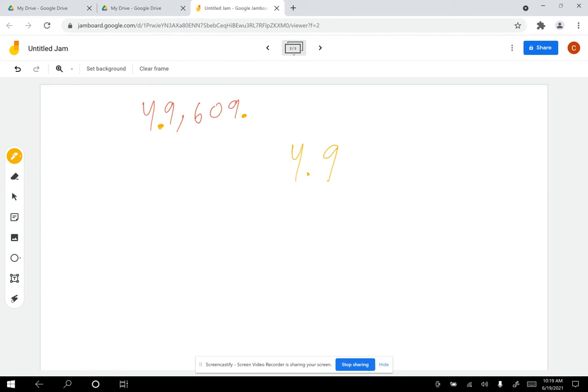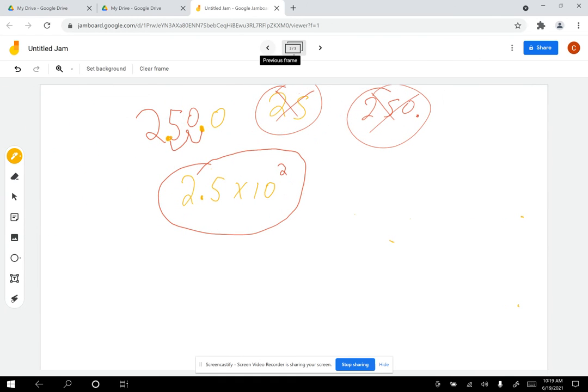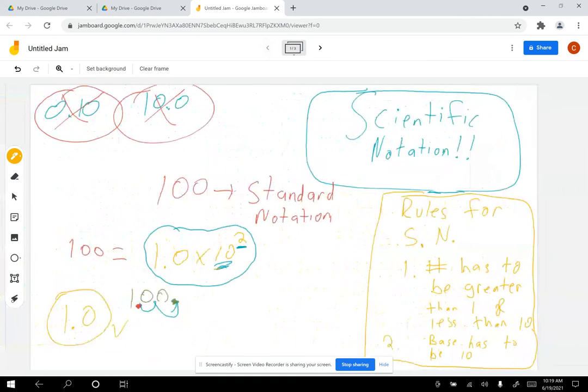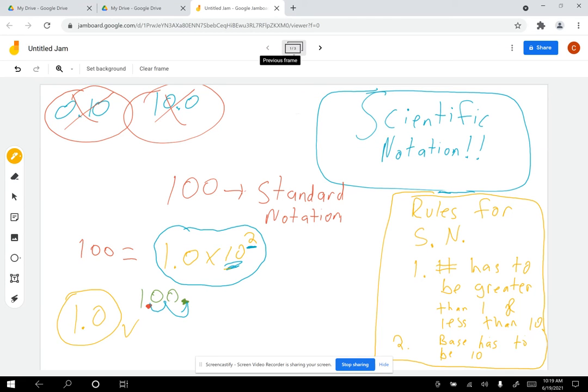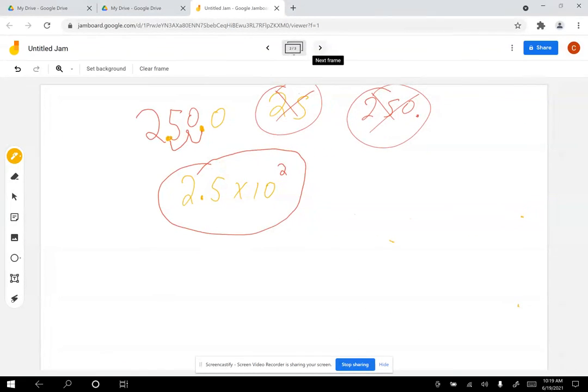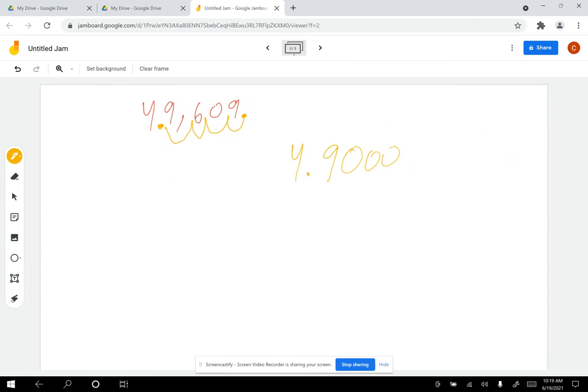So now we count. 1, 2, 3, 4. Now, can I just write zeros after the 9 like we have been for 2.5 or for 100? I actually cannot.